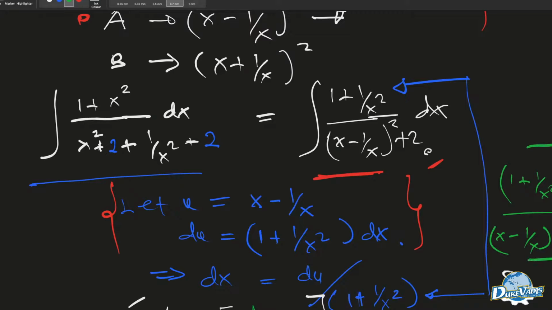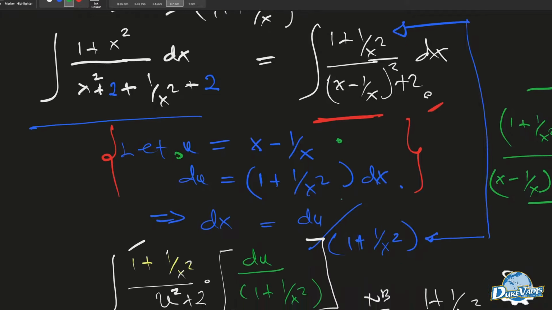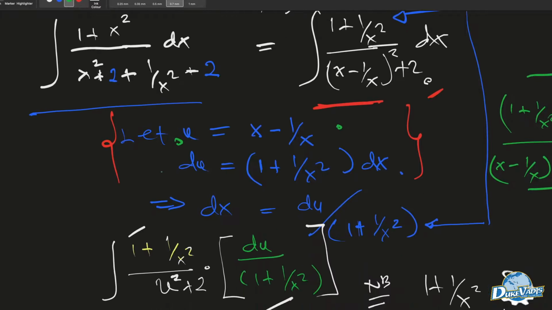This helped us to integrate it because we decided to make u equal to x minus 1 over x. And after differentiation, we had du equal to 1 plus 1 over x squared.